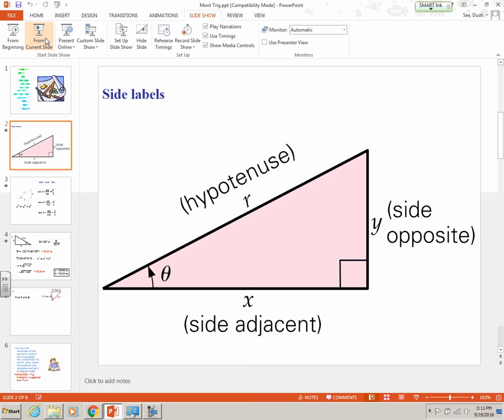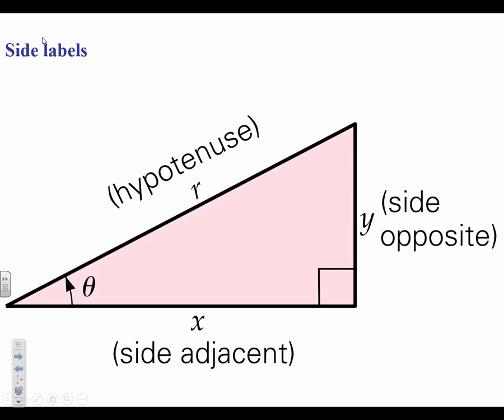If you look underneath your geometry and trigonometry section, where it has your right triangles, then it has all that information listed. So we have our hypotenuse, our side opposite, and our side adjacent. All of those are always decided on the reference angle.